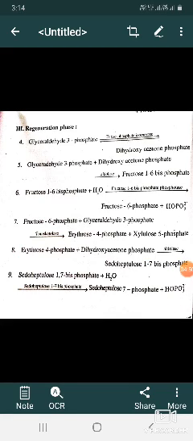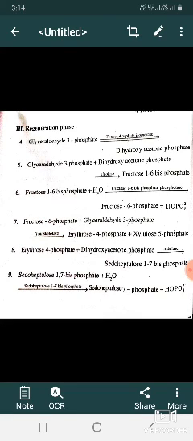Glyceraldehyde 3 phosphate plus dihydroxyacetone phosphate give rise to fructose 1,6 biphosphate by aldolase. Fructose 1,6 biphosphate plus H2O give rise to fructose 6 phosphate plus HOPO3 2 minus.